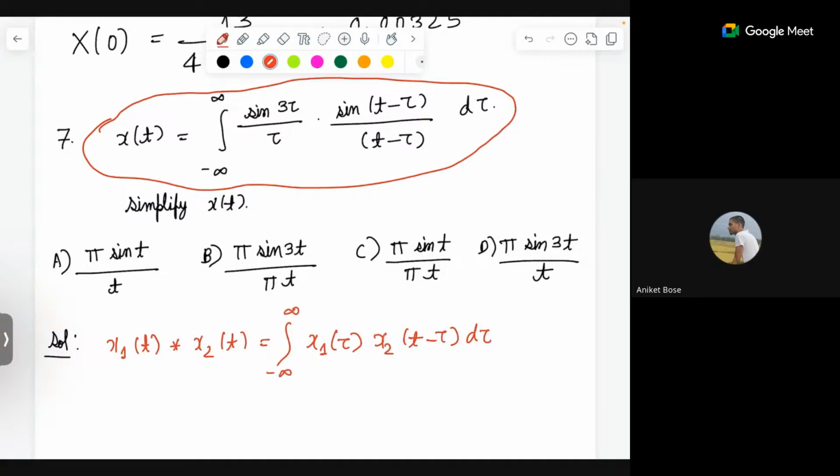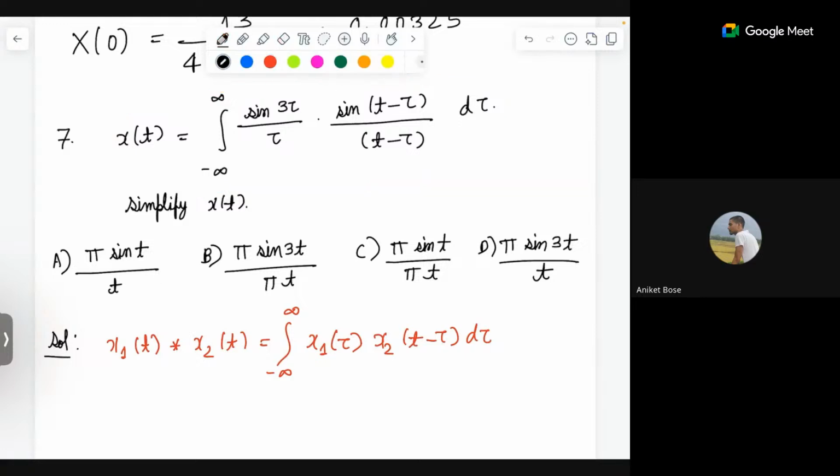Now looking at these two equations, can you tell me what x(t) will be? x(t) will be x1(t) convolved with x2(t). Yes, and this is x1(t), this is x2(t − τ).